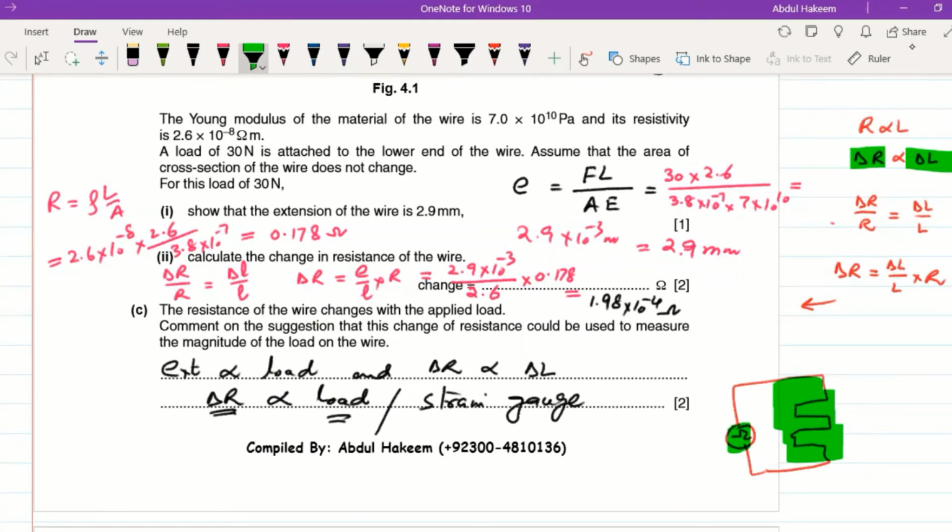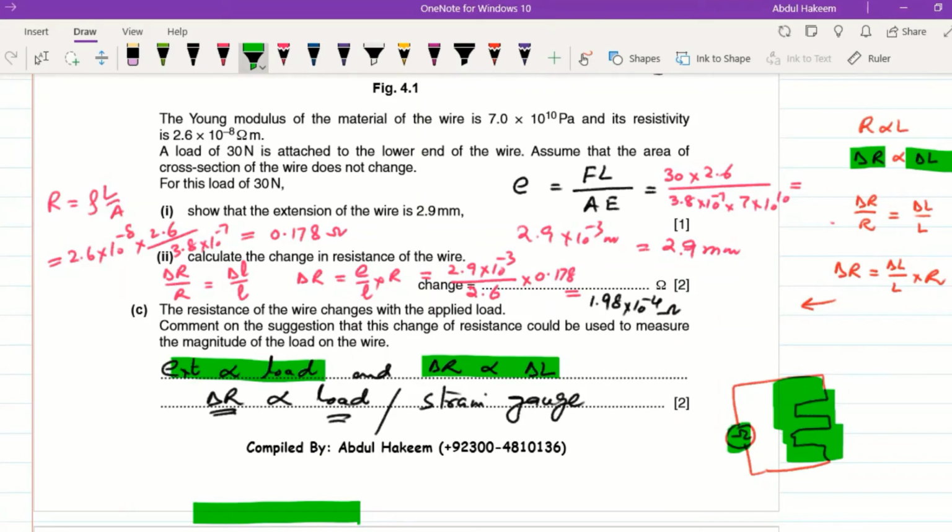So extension is directly proportional to load, and delta R is directly proportional to extension. So delta R is directly proportional to load, which means we can measure the load and the mass by calibration of the ohm meter. That instrument is called a strain gauge, like a bathroom scale or personal scale. That is the strain gauge.